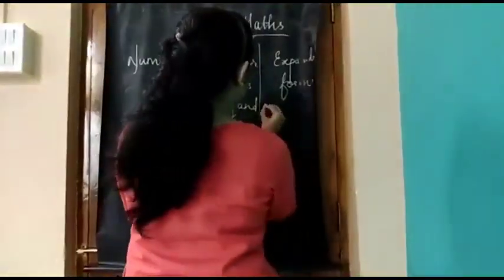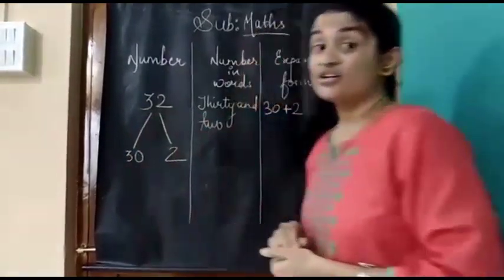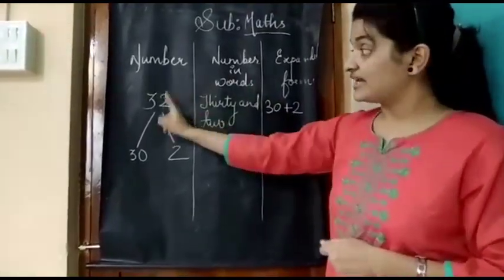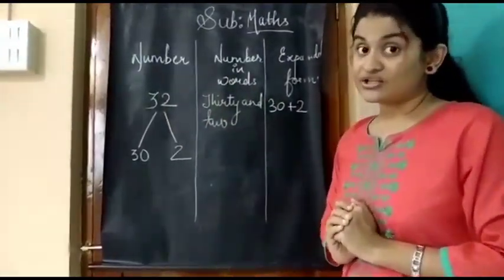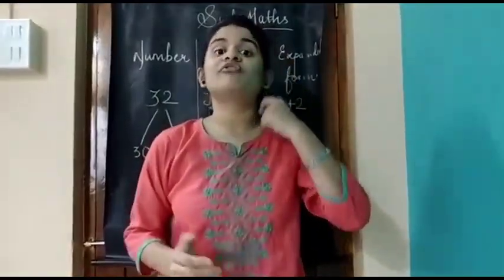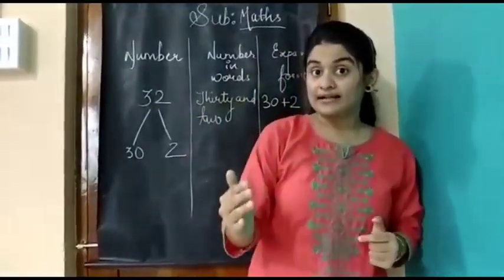Okay? 30 plus 2. So students, this is expanded form of this number. Understood?